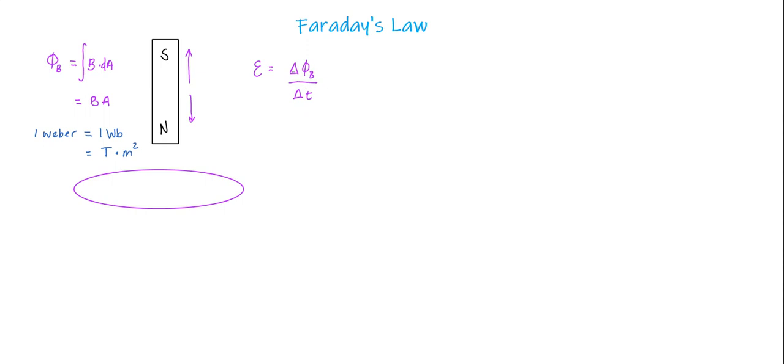Now this isn't incorrect, but it's just missing a little bit more information, so we're going to add a few things to it. The first thing is that it could be instantaneous, so we could take the derivative of the flux with respect to time. In addition, if we wanted to represent Lenz's law in this statement, we would need to say that the change in flux is always opposed in the loop.